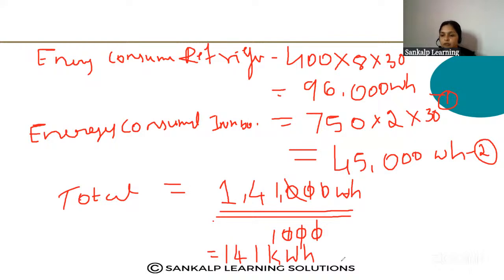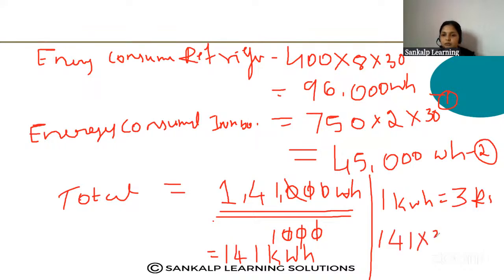So already we know that 1 kilowatt hour is equal to 3 rupees, right? So what is the cost of 141 kilowatt hour? That is 141 into 3, that is equal to 3 4s are 12, 423 rupees.